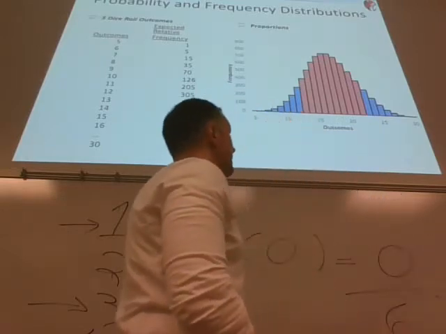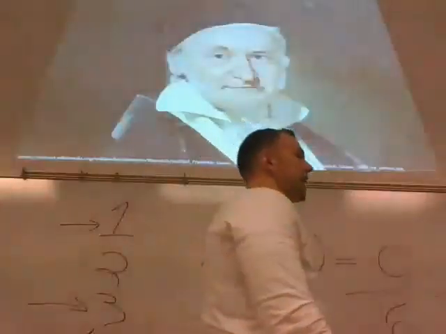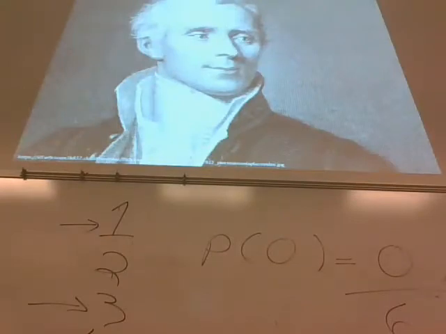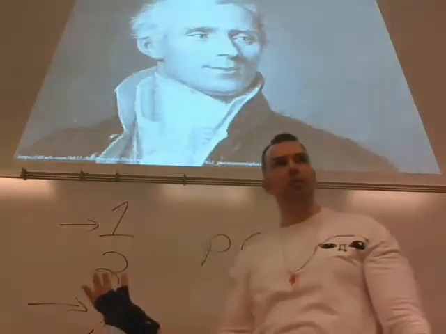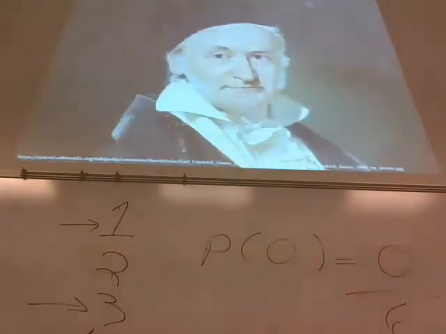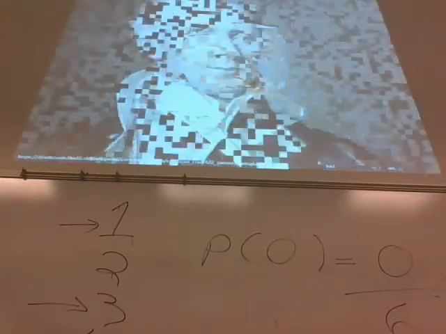And because it occurs over and over again, people like Gauss, who discovered it, and also Laplace, who is also credited with its discovery, figured out, or started to figure out, the mathematics behind it.